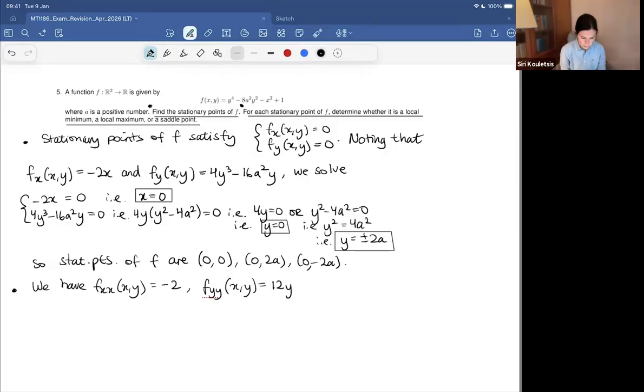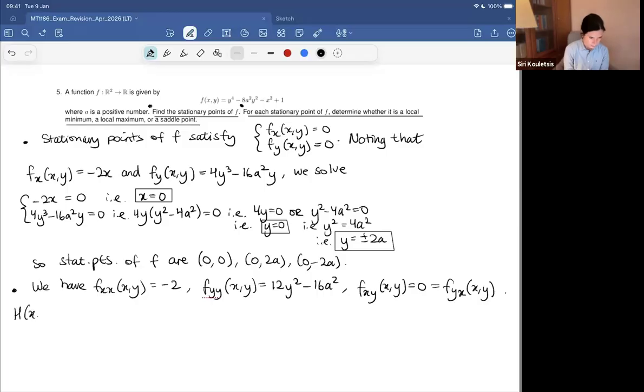And we get 12y squared minus 16a squared. And now take fx and differentiating again with respect to y will give us 0, which of course is equal to fy differentiated with respect to x.